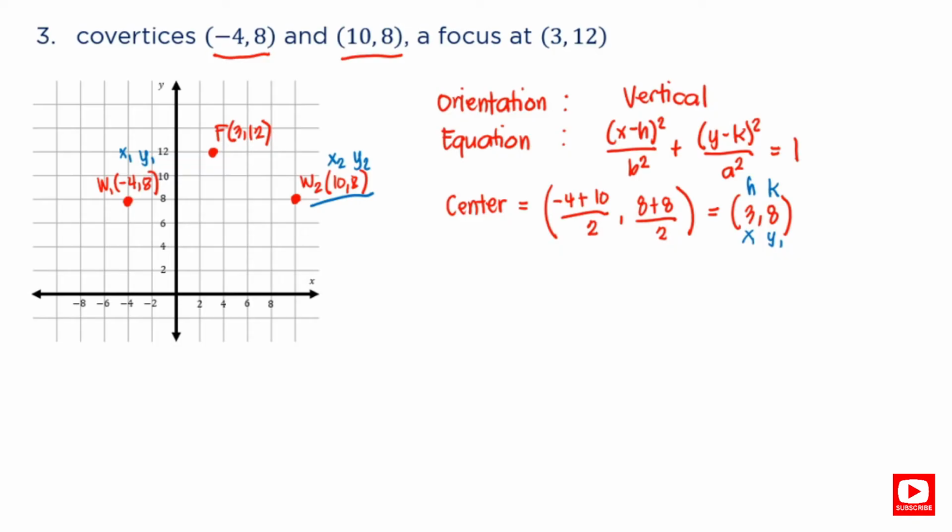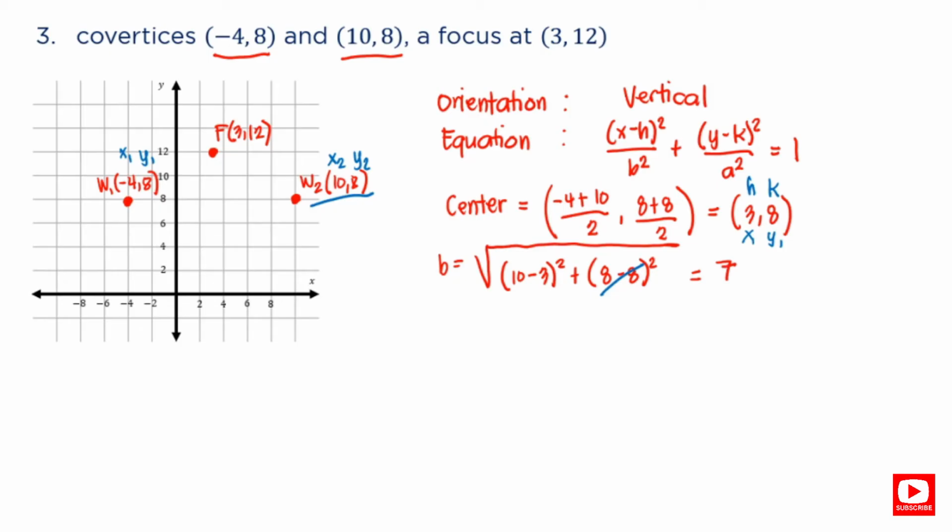So b is just equal to, using distance formula, that is the square root of. So we have x sub 2, 10 minus 3, quantity raised to 2, plus 8 minus 8, quantity raised to 2. 8 minus 8 is 0. 10 minus 3 is 7. Square, 49. And square root of 49 is just 7. So we now have our b.